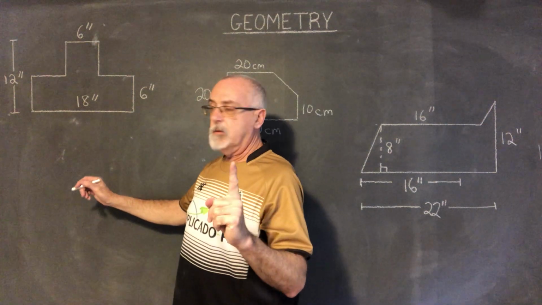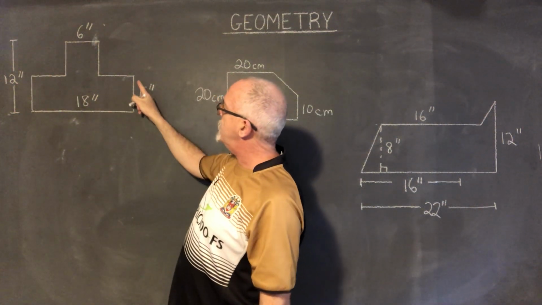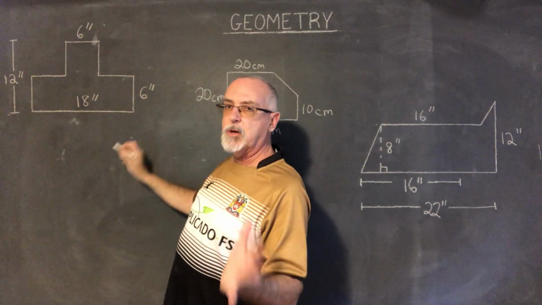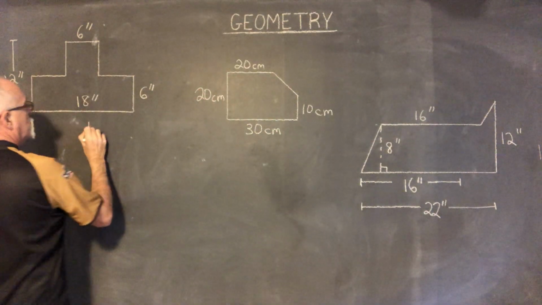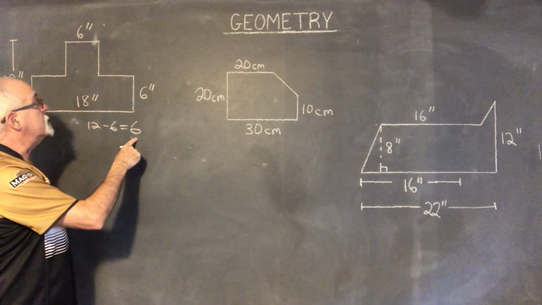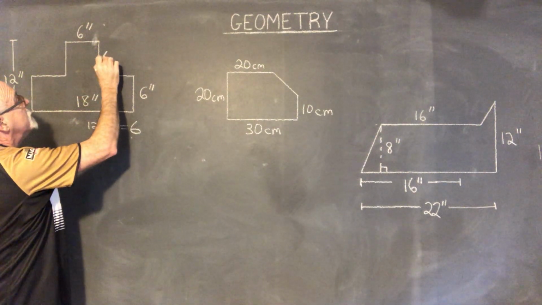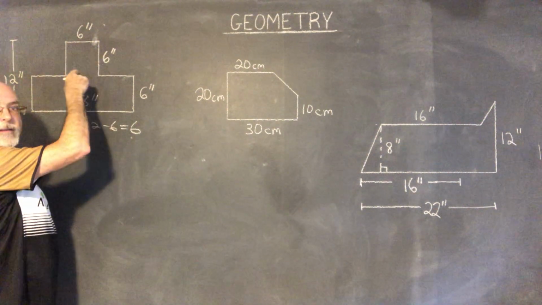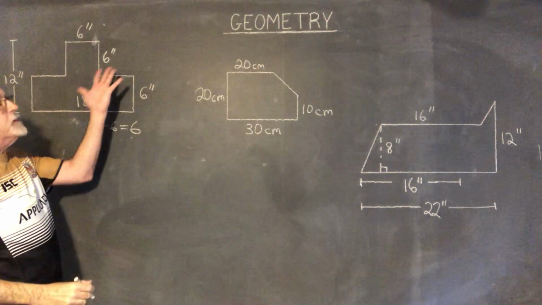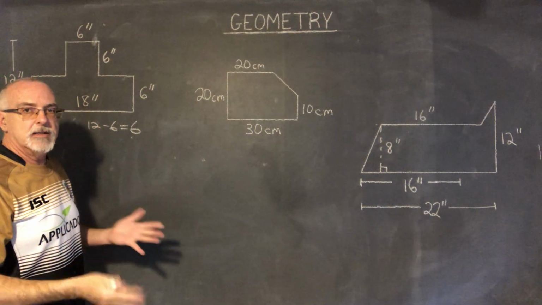What I can see here is that this whole thing's height is 12 inches and this part is 6 inches. Therefore, I can do a quick little subtraction. 12 minus 6 equals 6. This 6 inches that I just found has to be the height of this little shape, which now gives me evidence that allows me to conclude that yes, indeed, it is a square.